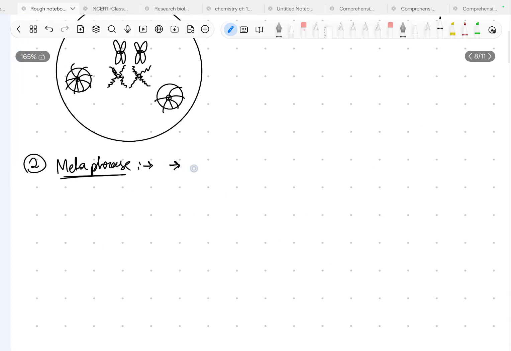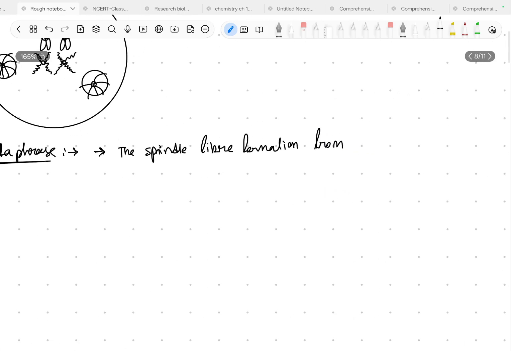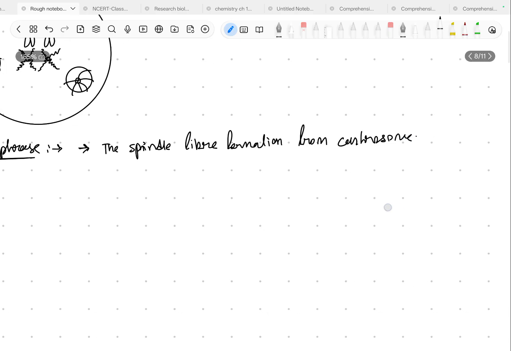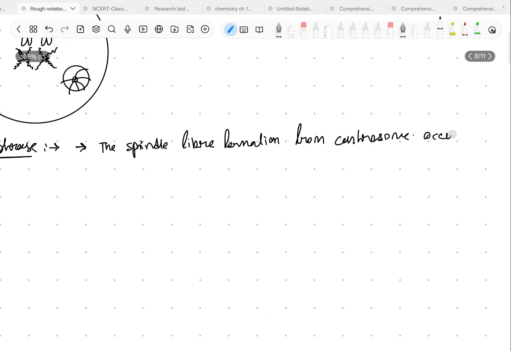In the metaphase, the spindle fiber formation starts from centrioles. Now we are not writing centriole, let me write centrosome. The spindle formation from centrosome occurs.